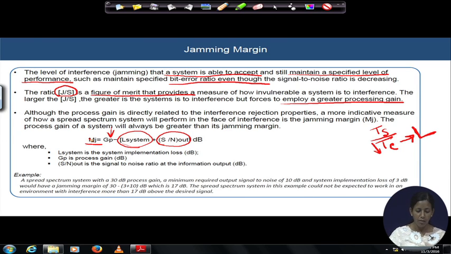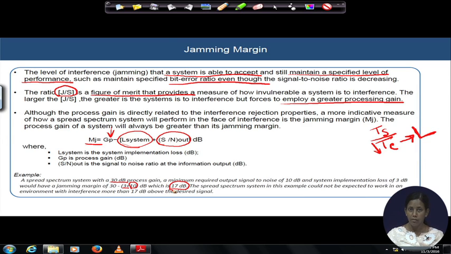For example, I have a spread spectrum system with a processing gain of 30 dB, where 3 dB is the loss in the system, and 10 dB is the required output SNR for a typical modulation system. Then you end up with 17 dB of jamming margin. That means the system can work nicely until the interference power goes as high as 17 dB above the desired signal.